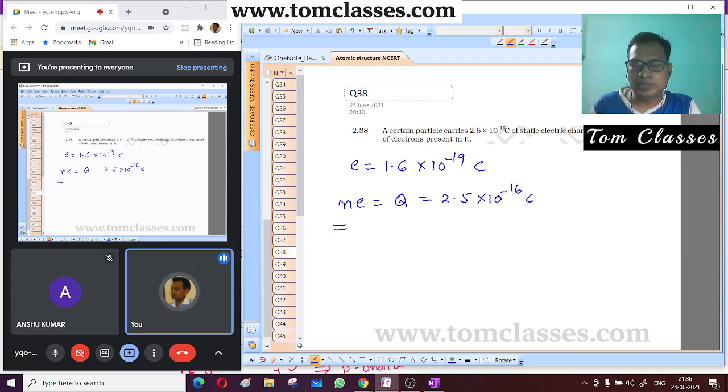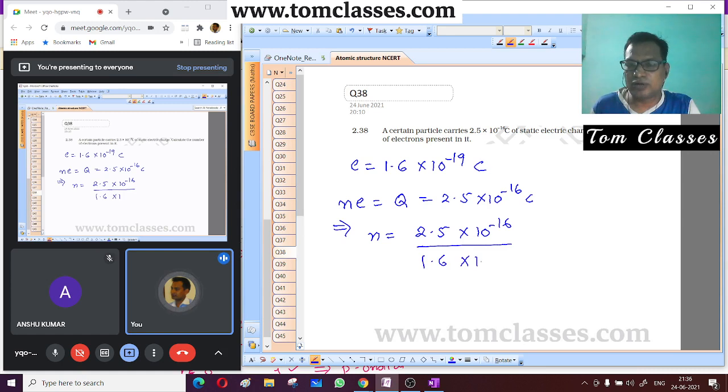So the number of electrons is 2.5 into 10 to the power minus 16 divided by 1.6 into 10 to the power minus 19, which is 25 by 16 into 10 to the power 3 electrons.